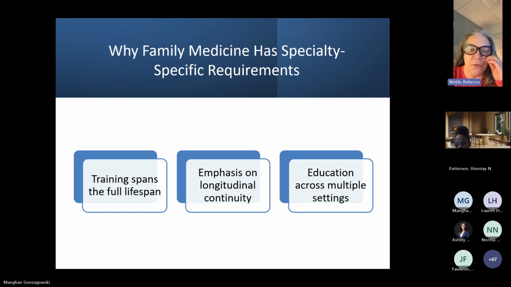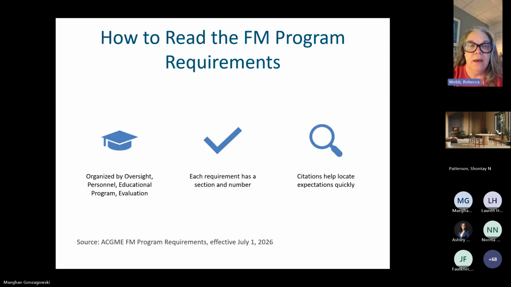So that's how we differ also. And then we also are required to have education for residents over multiple settings, so inpatient, outpatient, nursing home, things like that, which no other specialty really does. Okay, next slide.